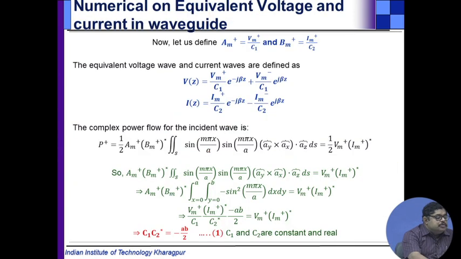So, once you know C1 C2 you can describe V z for TM0 mode, Vm plus by C1, you know this value, this plus this. This is the description, C1 C2 will come from there, that is all.